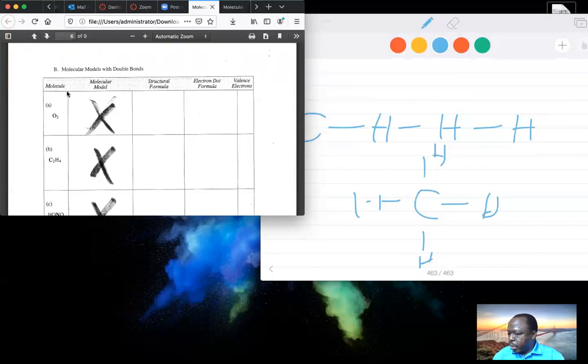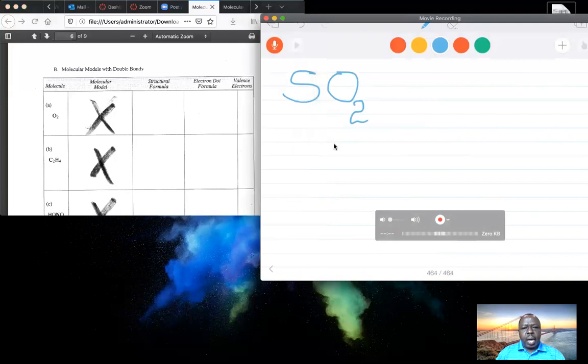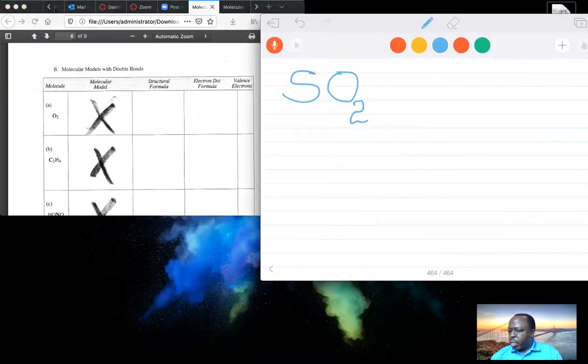For example, here, sulfur dioxide. I'm just gonna pick this and we'll see how to end up constructing a double bond. Like I said, you have to find the total number of valence electrons. So sulfur is in group 6, oxygen is in group 6, so 12.